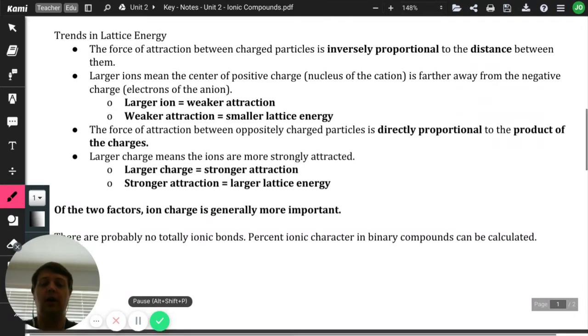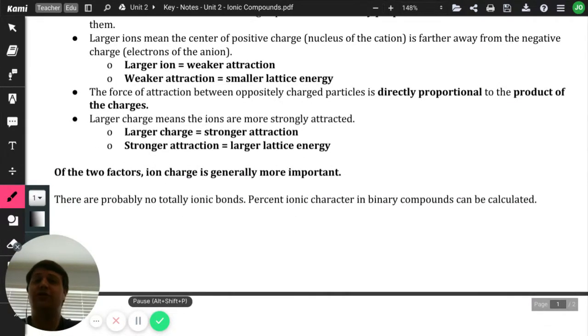And in the grand scheme of things, your charge is going to have a much bigger impact than your distance will on your overall lattice energy. So of the two factors, distance and charge, charge generally has the more impactful effect on your lattice energy and the attraction as well.